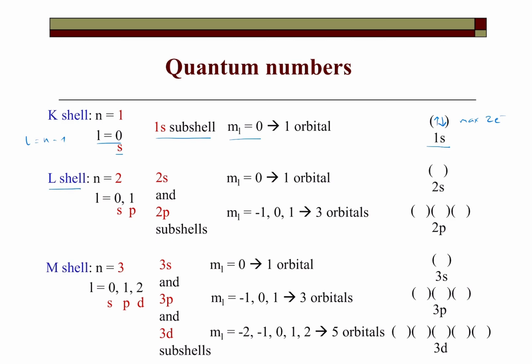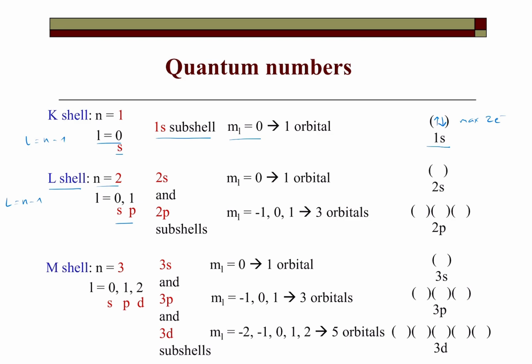And the L shell has n equal 2. Again, l equals n minus 1. 1 minus 1 is 0. 2 minus 1 is 1. And because we also have to go to 0, we have 2 shapes, 0 and 1. The 0 we wrote in the last one is the s. And for ml, for the p, we can write from minus 1 to plus 1, and it has 3 orbitals.